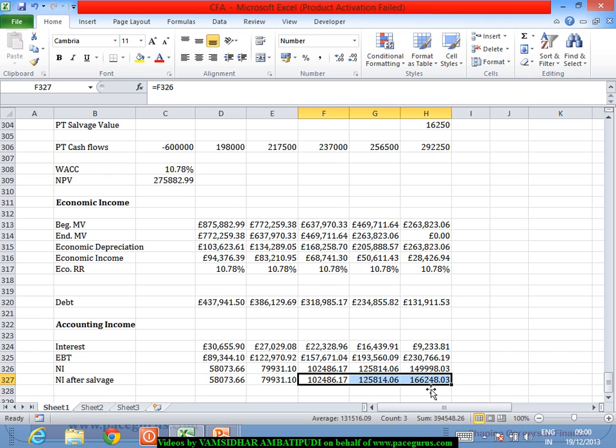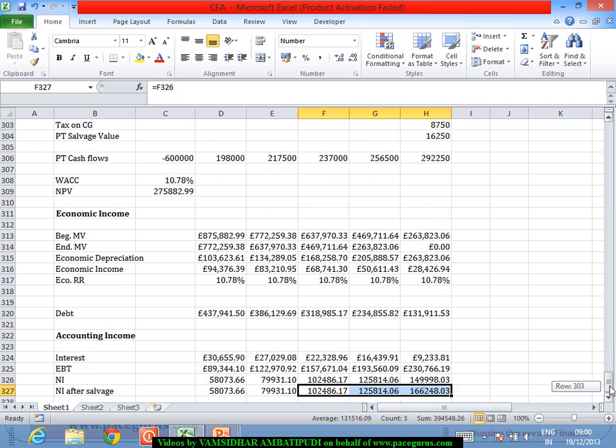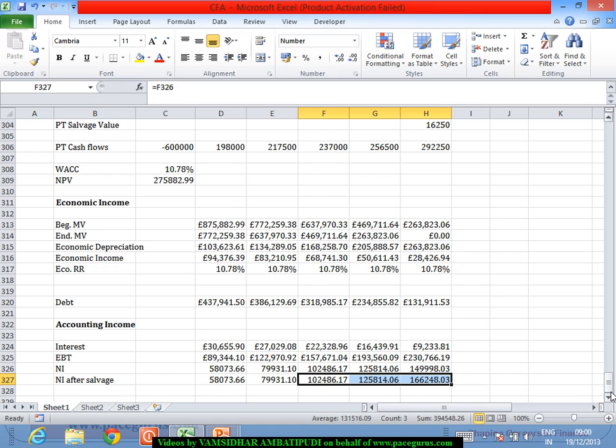It is an issue with respect to accounting depreciation. It is based on the cost of the original investment, whereas economic depreciation is the change in the market value. So the accounting depreciation is constant across each of the years, whereas the economic depreciation is much lesser in the first two years, but after that it has depreciated quite heavily.